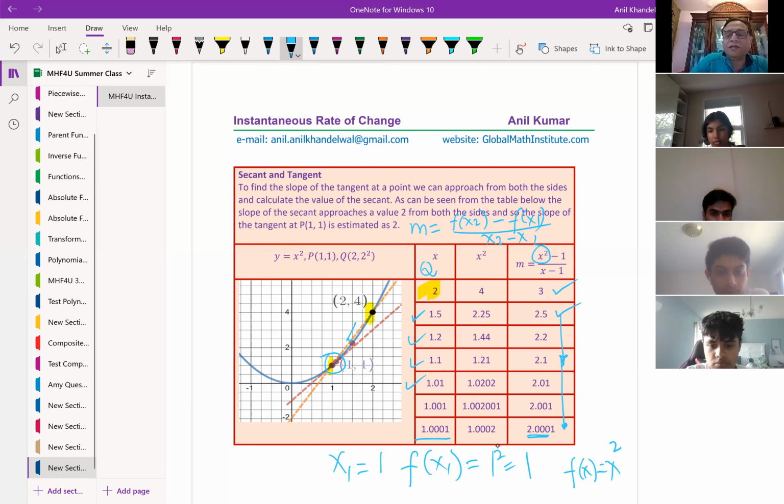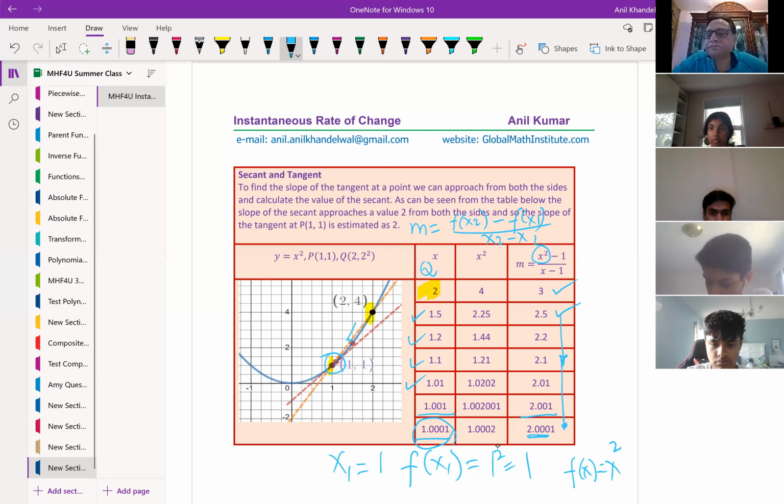Do you see that? Even for 1.001, we do get 2.00. This is 3 significant figures or 2 decimal places, right? So if you use this, you get a result accurate to 2 decimal places. So if the question is to find or estimate the slope or instantaneous rate of change at a given point, accurate to 3 decimal places, you're going to use these 3 zeros and 1.